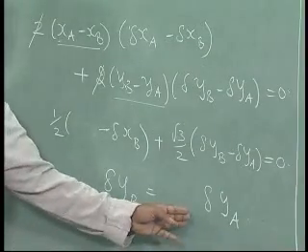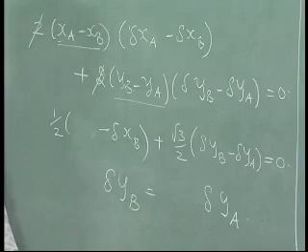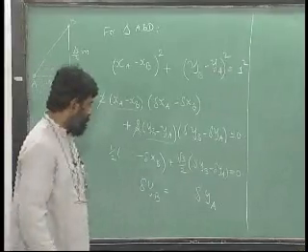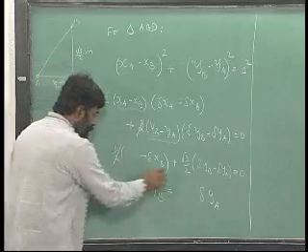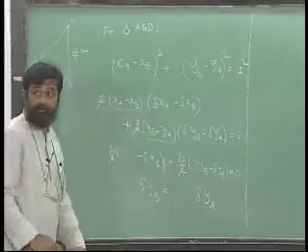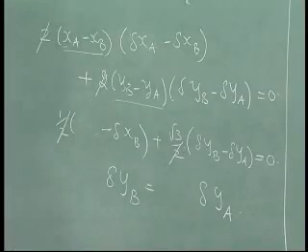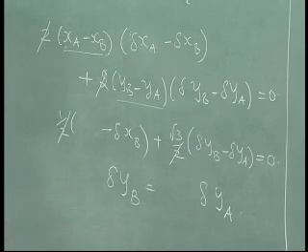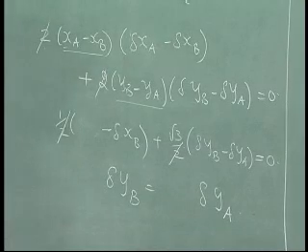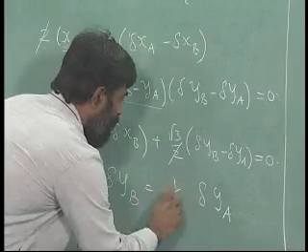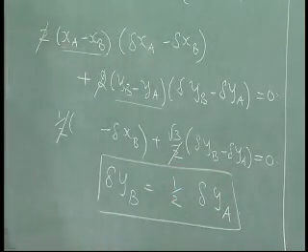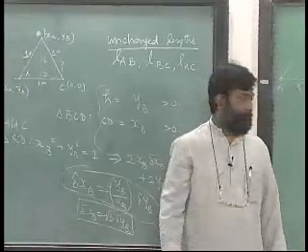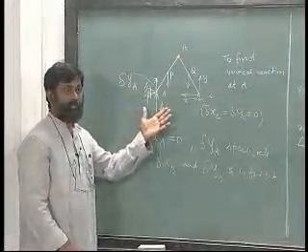And what is this you are getting? This half and this 2 goes off, I get it as half of delta ya. Let us see if it is reasonable. Let us go back to this.